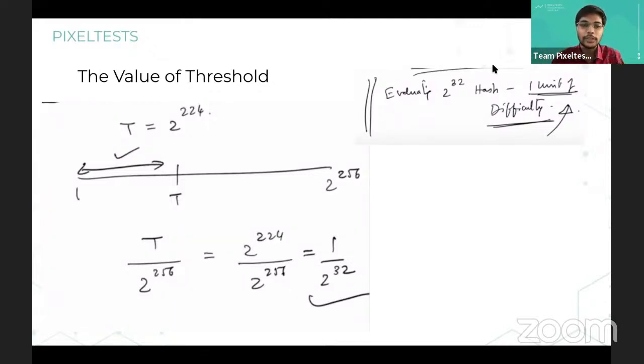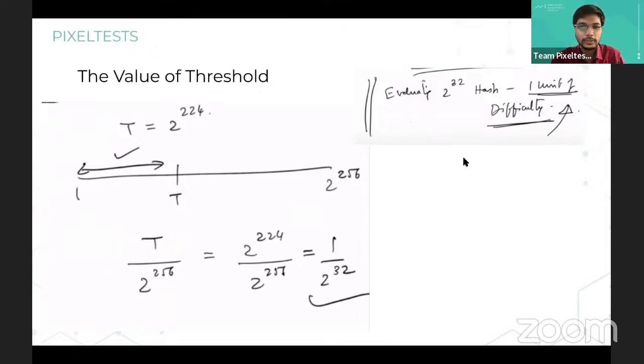But in this session, we wanted to understand what is nonce and how it helps us understand who is the winner and how difficult the whole competition is to mine, right? So this is the whole of this.